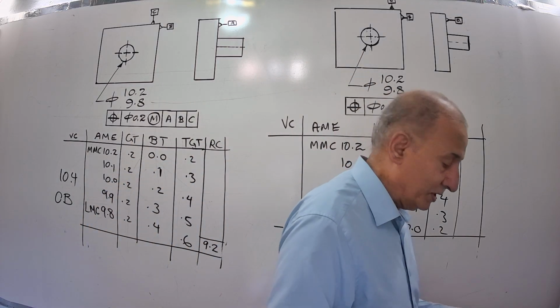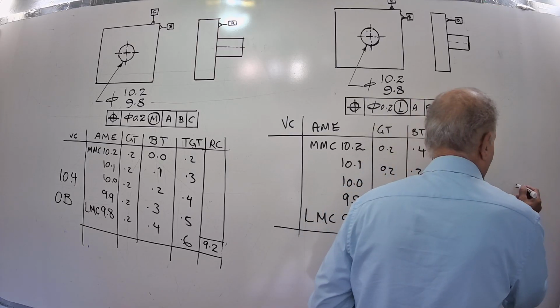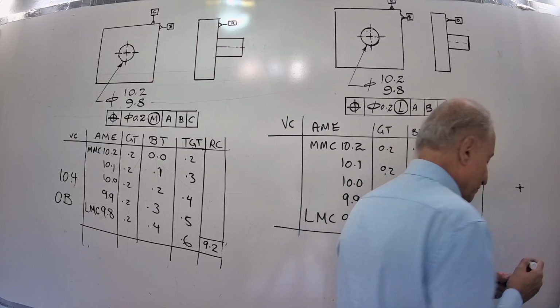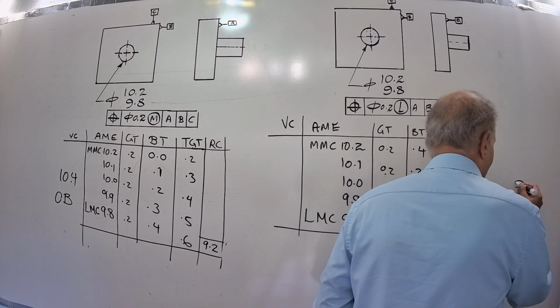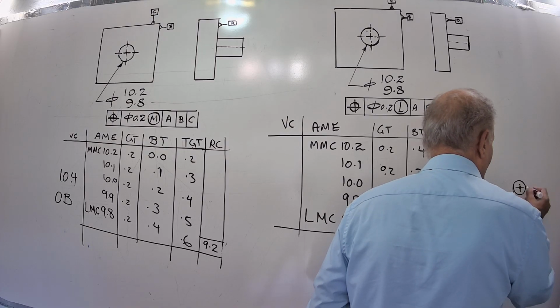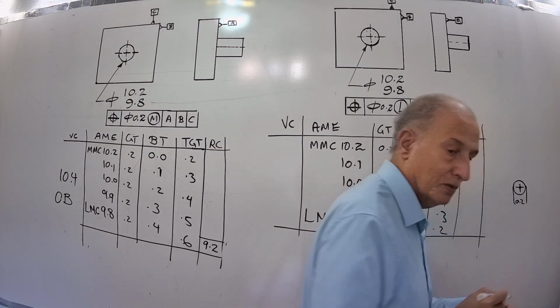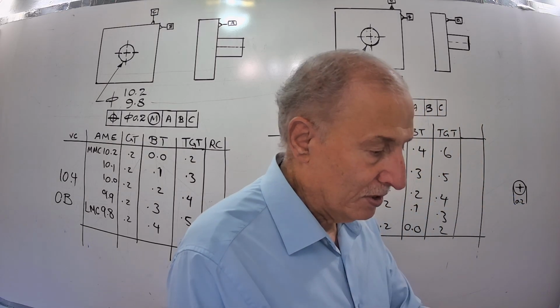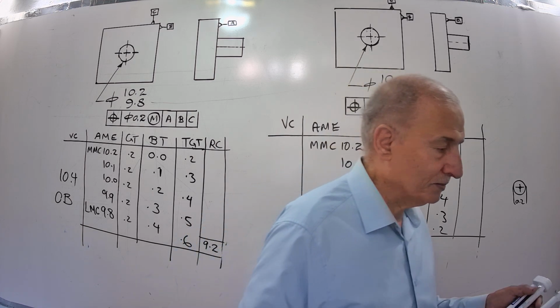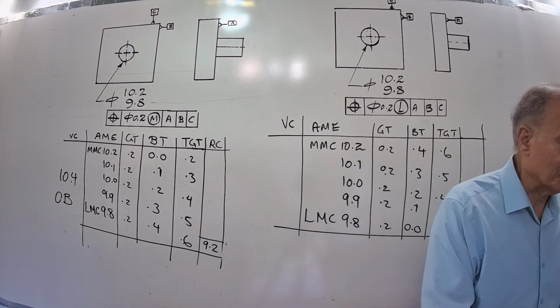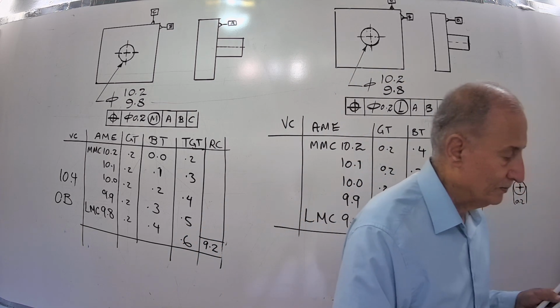Let's draw it. Position tolerance, true position, and then 0.2 error, position tolerance 0.2 error.